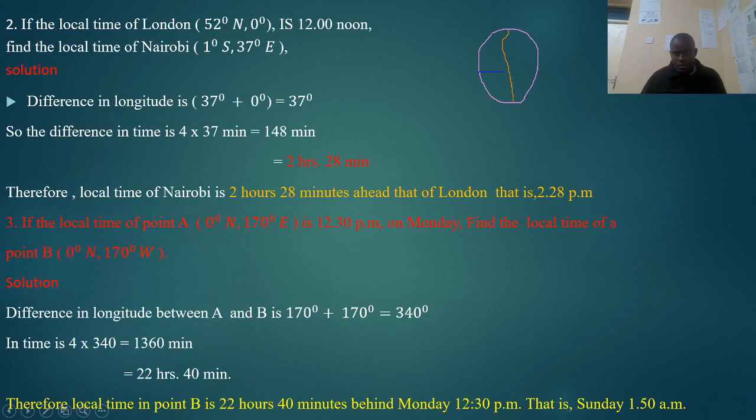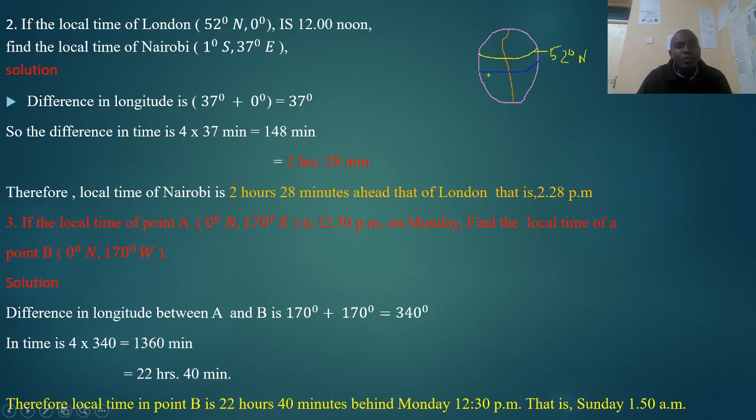So if I have my Greenwich Meridian and my equator here, then I have 52 degrees to the north.